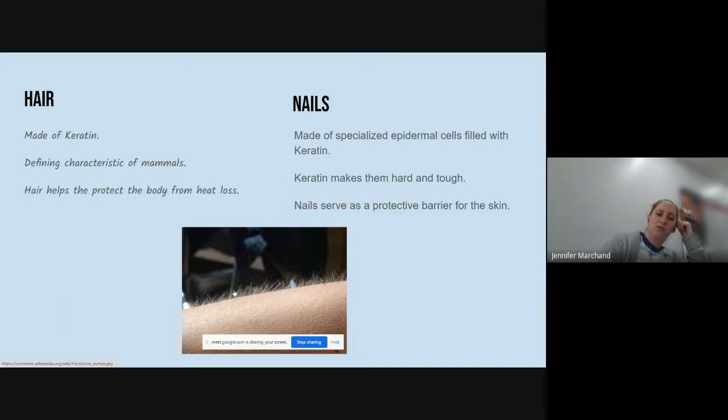These little hairs on your arm will stand up when you get cold, and it allows warm air to get underneath them. We also have our nails, which are made up of specialized epidermal cells filled with keratin. Keratin makes them hard and tough. Nails are very protective, especially on your fingertips where you have a lot of nerve endings, so they make sure those don't get damaged.